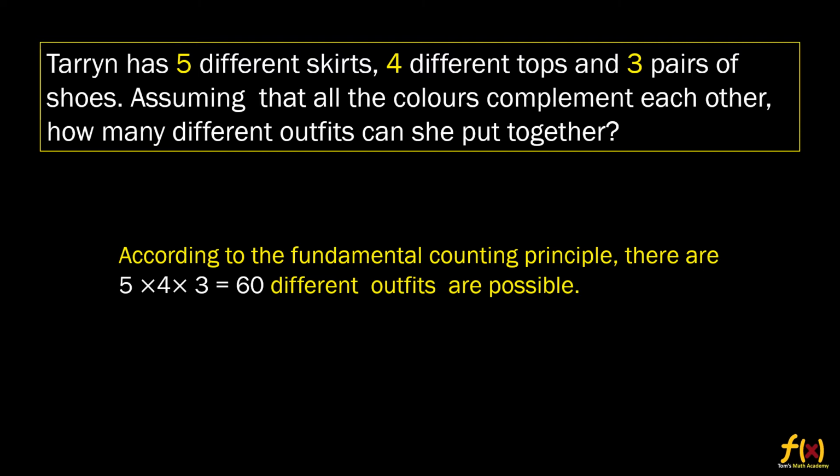How many different outfits can she put together? So, we are going to apply the fundamental counting principle. According to that, it is going to be 5 times 4 times 3 equal to 60 different outfits. Beautiful method.